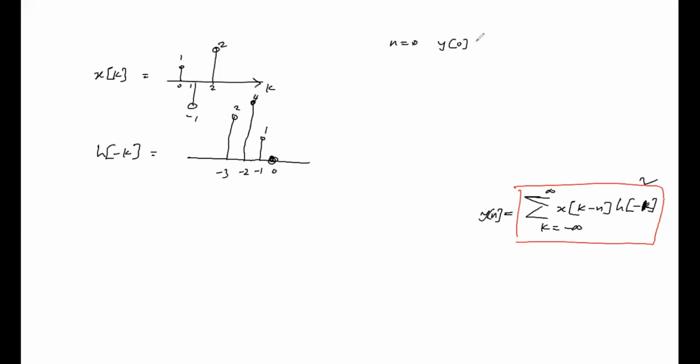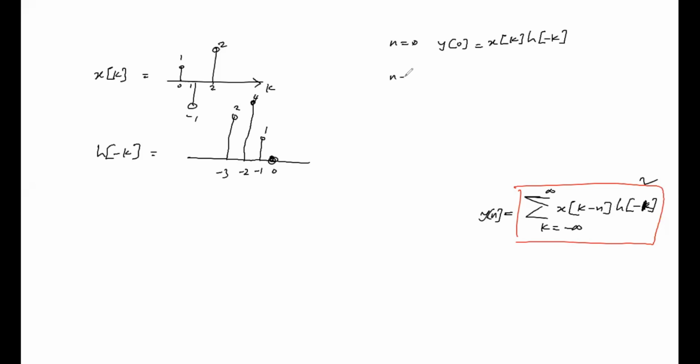We're going to have y of 0, which will be the same as s of k minus 0, that will be k, then h of minus k. So this is what we're going to evaluate at that point.